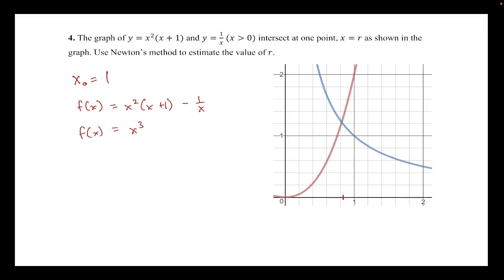So that'd be x cubed plus x squared minus x to the minus 1. So that is then something that you can now use Newton's method to approximate the value of r. And however accurate you want it to be depends on how many iterations you take.